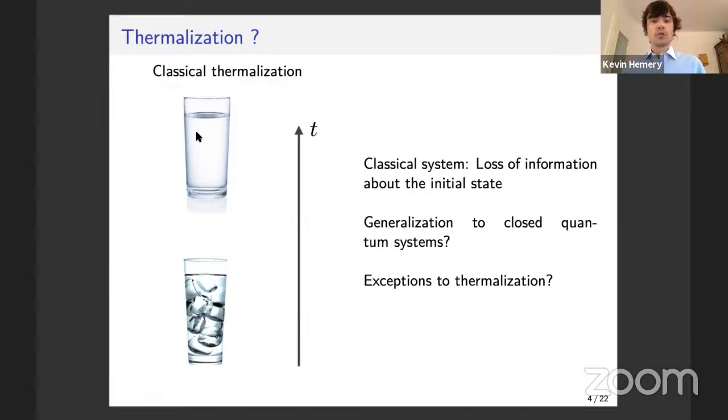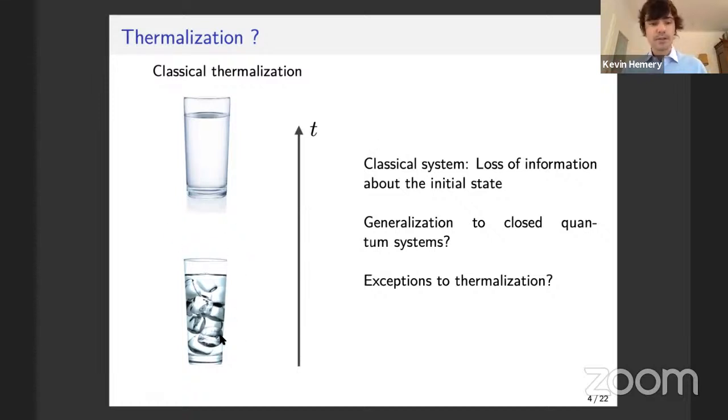Another question is, how can we generalize this idea of classical thermalization to quantum systems which are closed, which are isolated? One remark I would like to make at this point is that in this talk we are going to talk about isolated systems. Of course, this is an approximation, because you could argue that any system is always in contact with the environment, but in many cases it turns out it's a good approximation to consider insulated systems.